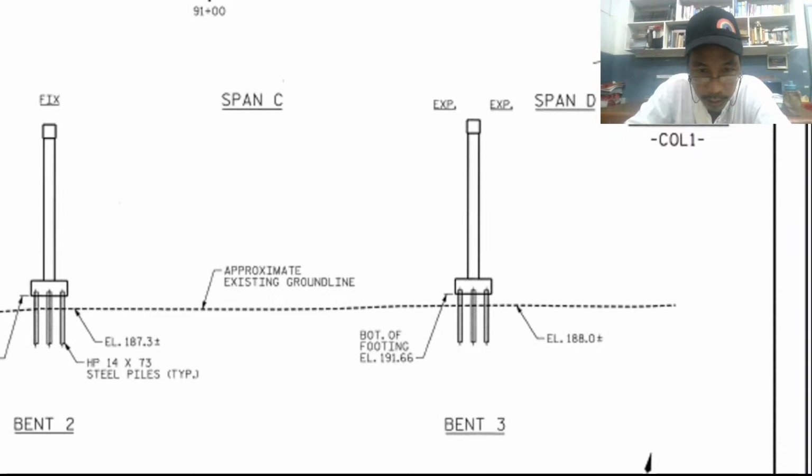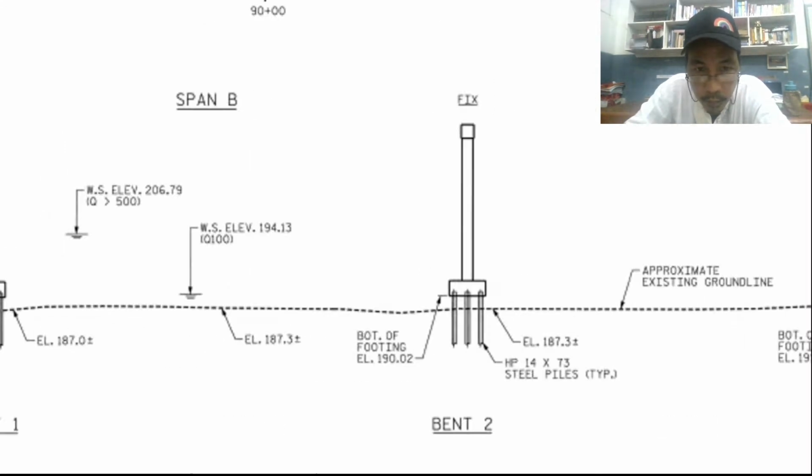So let's go back to that area. And then we have another elevation, 206.79.